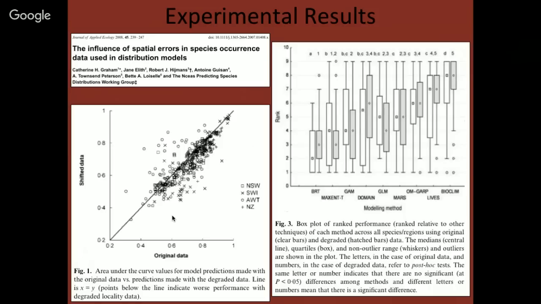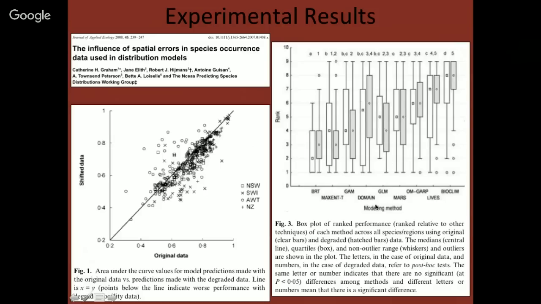And then on the right side of this slide, I'd like you just to notice, this is the relative ranking of a bunch of different modeling methods between original data and degraded or error-prone data.